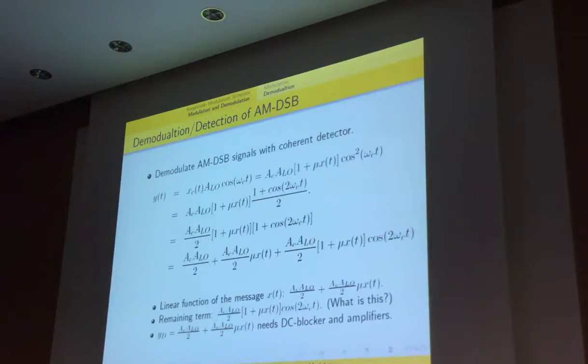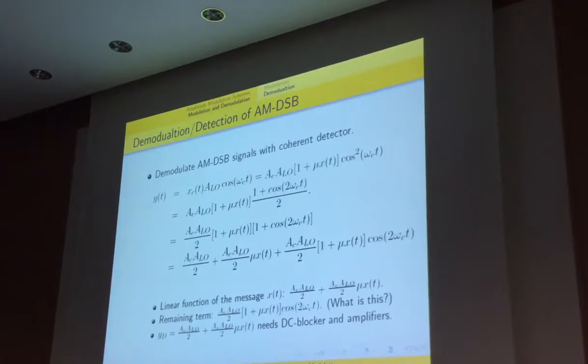Capacitor. Any other opinion? Yes, capacitor is one kind of DC blocker. There are other types, of course.